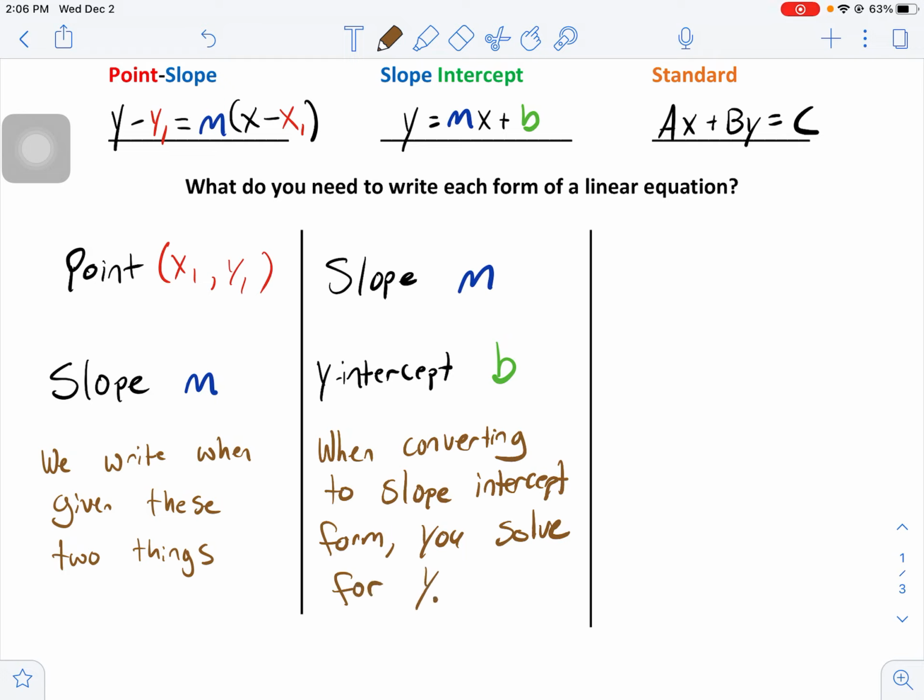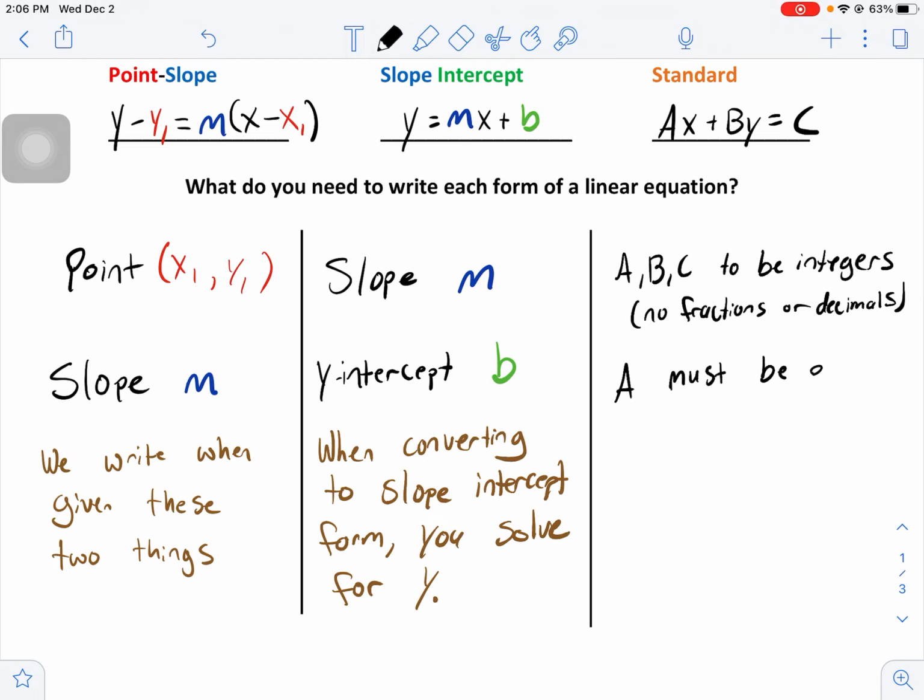Okay, and then lastly, we have our standard form. So the things we need here, we need a, b, and c to be integers, which means no fractions or decimals. We need a to be positive.